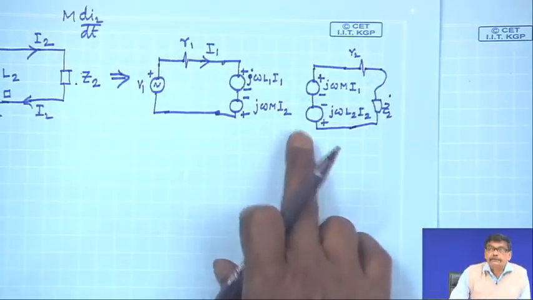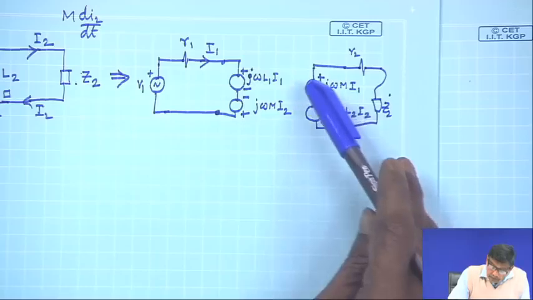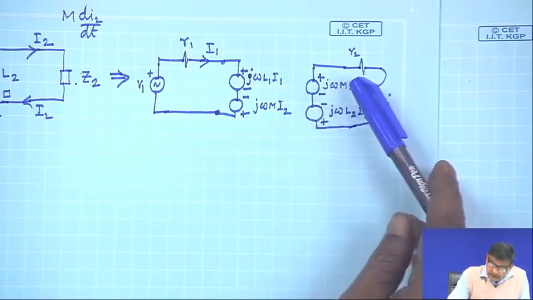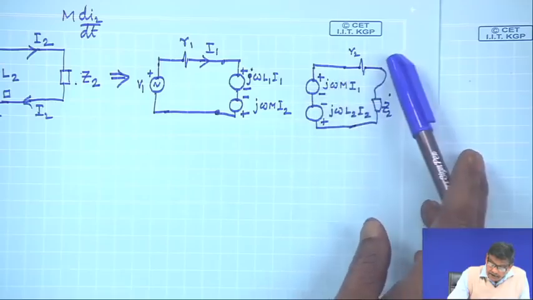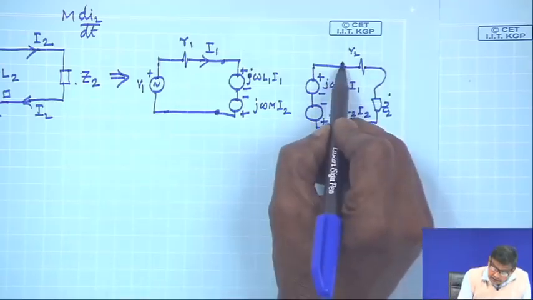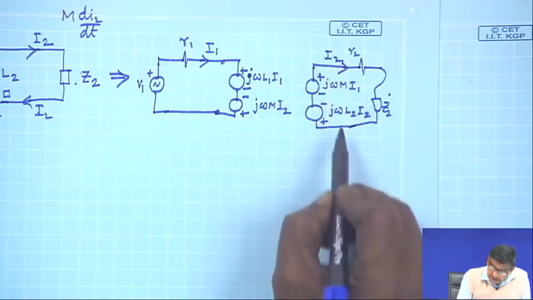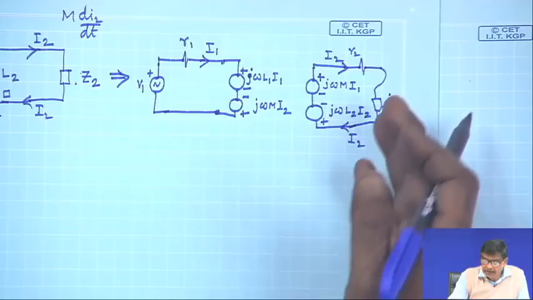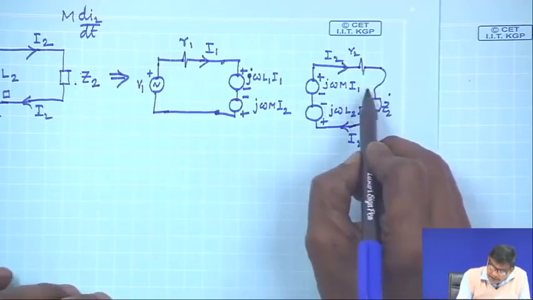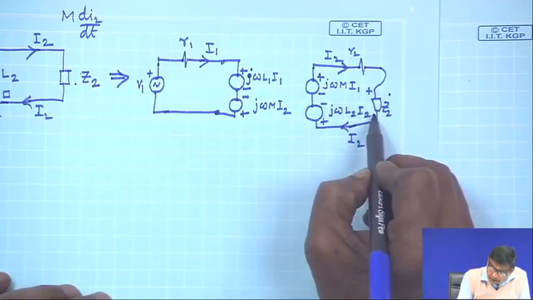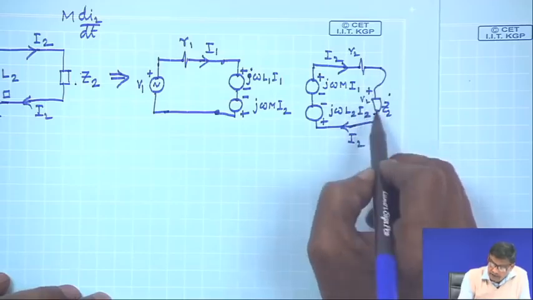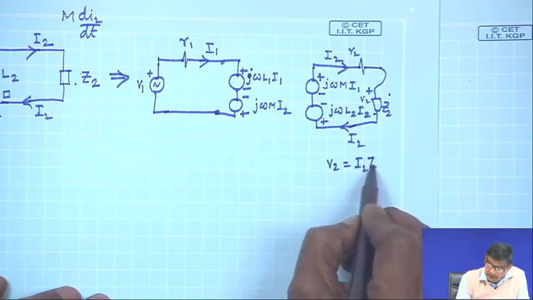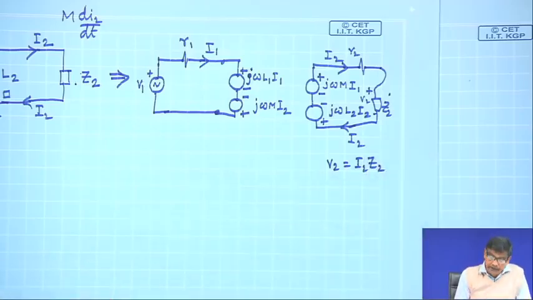This is the thing, that two voltages are there because of self inductance and because of mutual inductance, R 2 and Z 2, and this is how I have set the current direction I 2. On this side there is no voltage source connected. But anyway, this voltage let me call V 2, the terminal voltage, where V 2 is obviously equal to I 2 into Z 2.